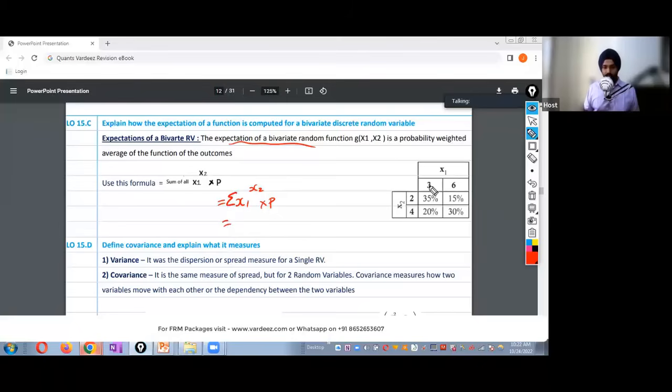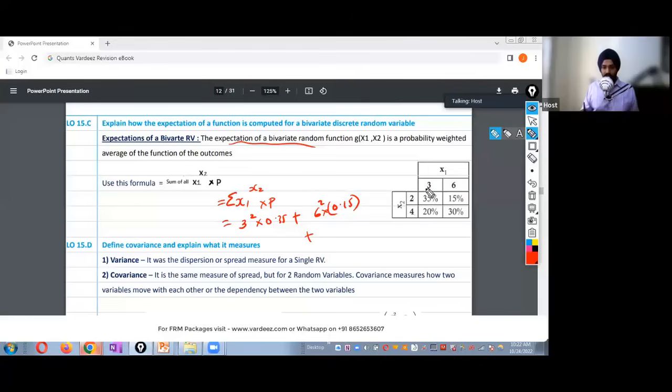For example, let's say the first x1 is 3 and x2 is 2: 2 to the power 2 multiplied by the probability 35%, 0.35, plus the second x1, which is 6 to the power of what is left out, let's take the first one only, which is 2, multiplied by the probability 15%. Plus then we move on to this 6, this 3, just a minute.